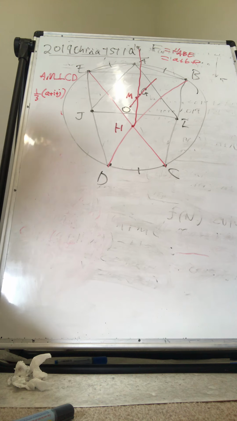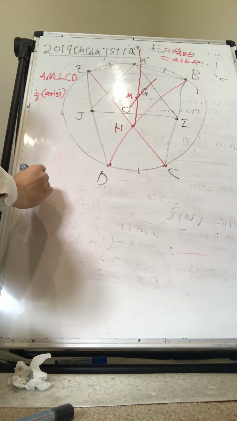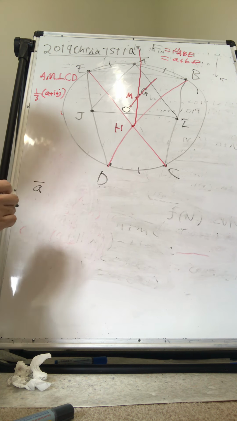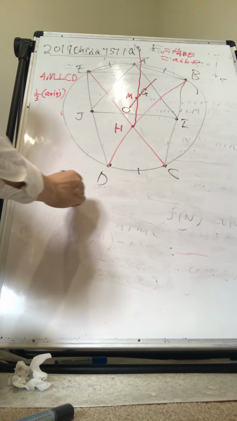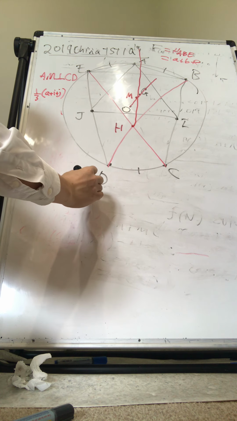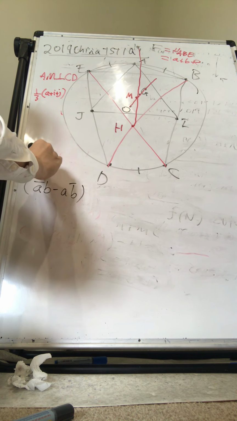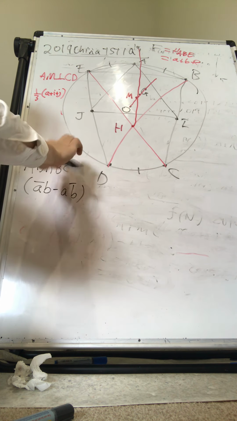A bar minus A bar B minus A B bar, in brackets. This is AB intersect CD.